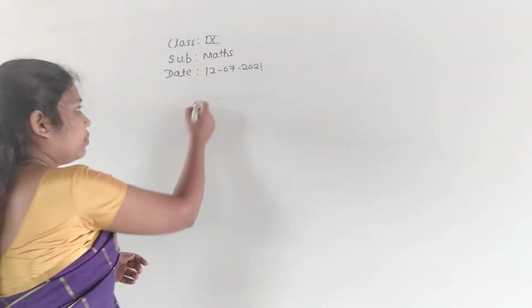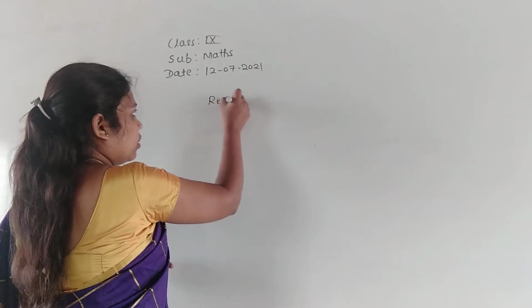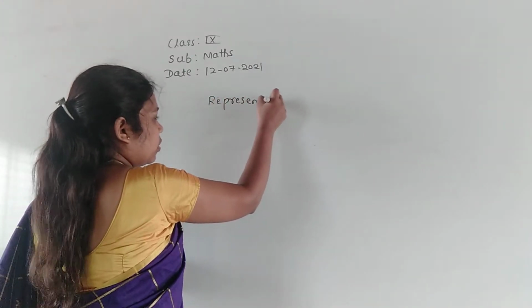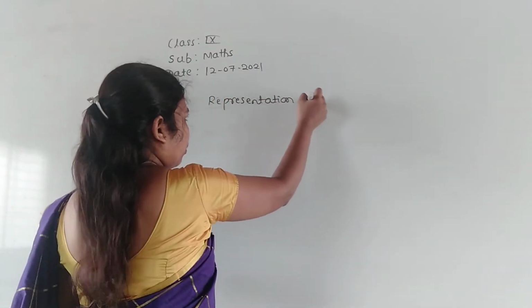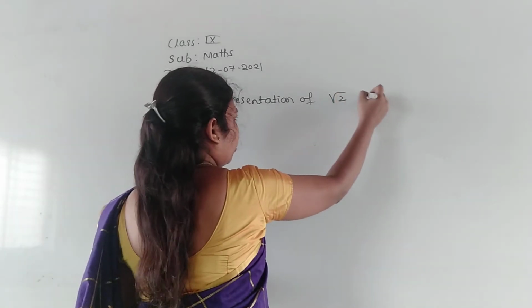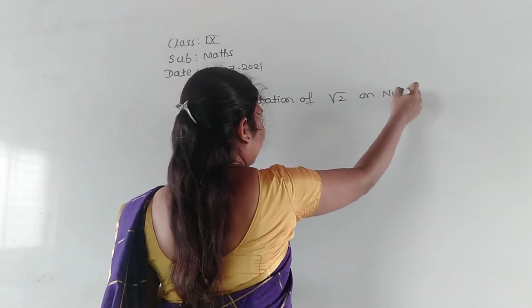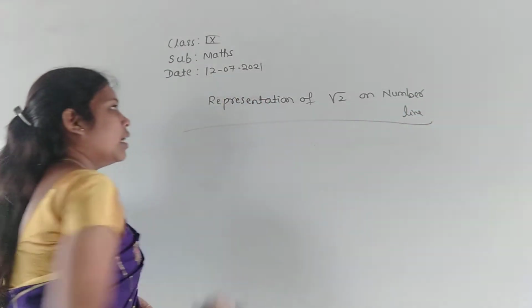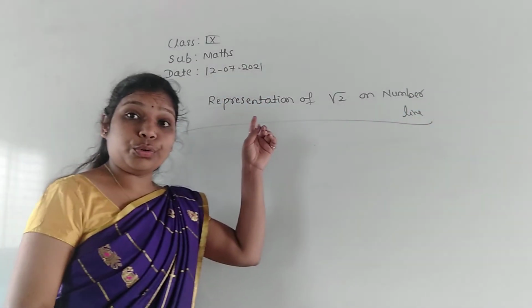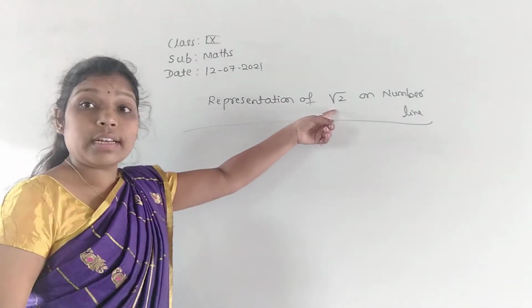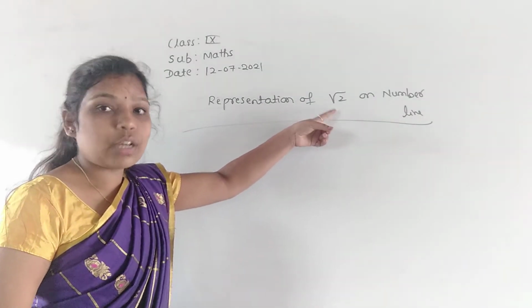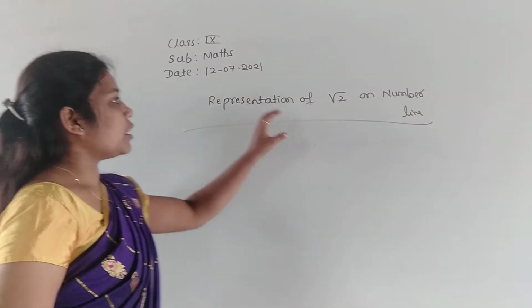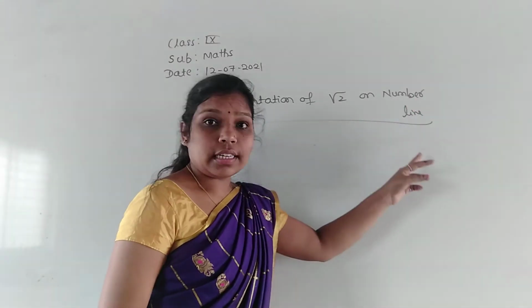Representation of root 2 on a number line. Root 2 is an irrational number, right? So we are representing root 2 on a number line.